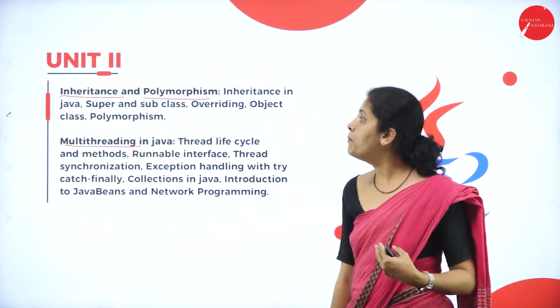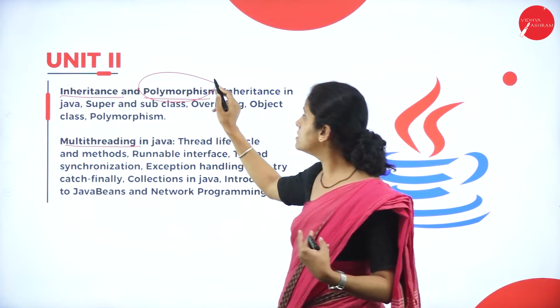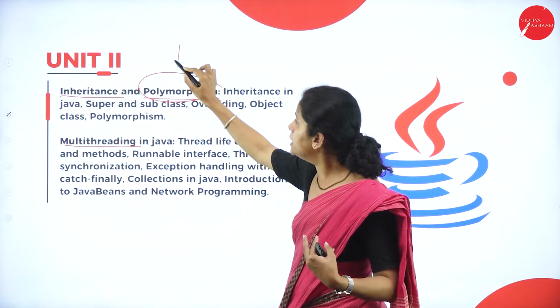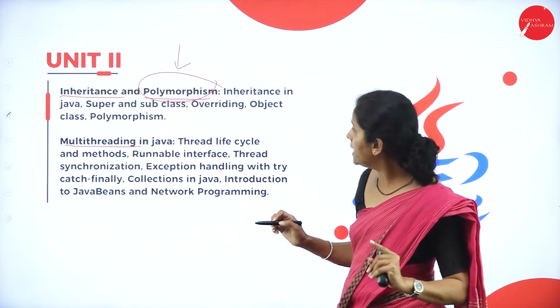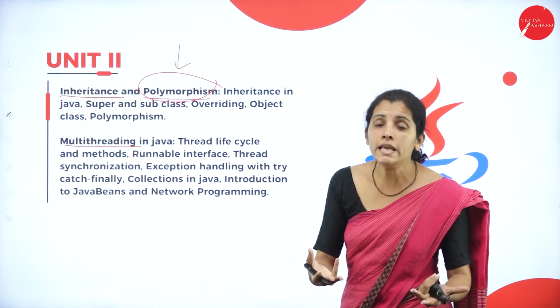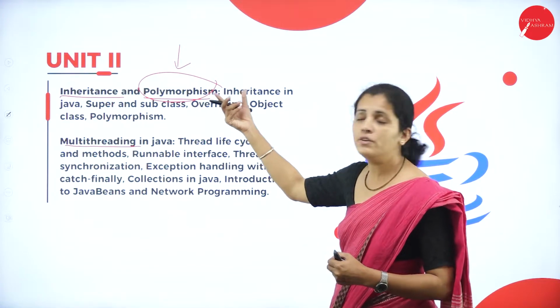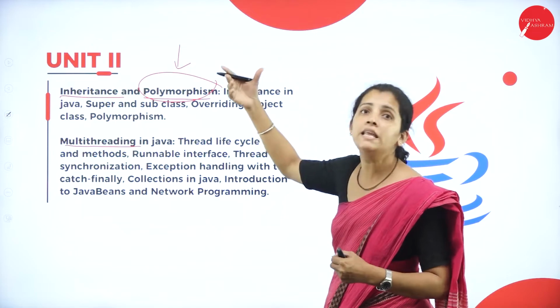Along with that, polymorphism. So what is this polymorphism? Here it includes two words. One is poly, another one is morphism. Poly means many, and morphism is nothing but forms. That means many forms.